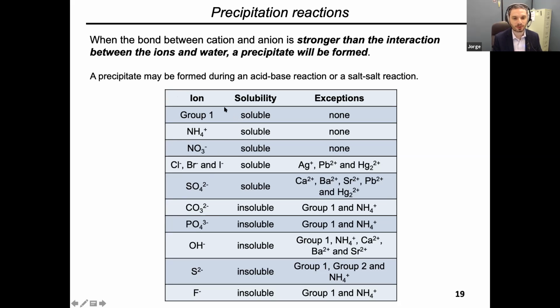For example, salts containing ions from group 1 are soluble and there are no exceptions. Salts formed by carbonate usually are insoluble, and the exceptions are salts formed with cations from group 1 and ammonium. That's how you use the solubility table to determine the solubility of the salt.